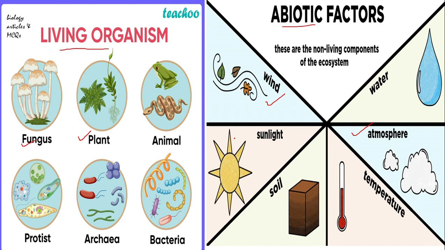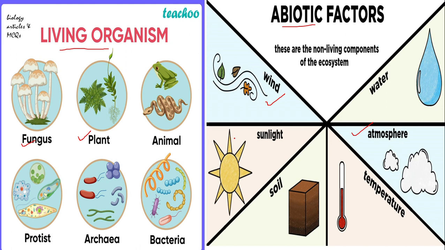In the carbon cycle, we will mainly discuss how the carbon is transferred from plants to animals and how it is transferred to the atmosphere again in the form of carbon dioxide, or how the transfer of the carbon takes place between the living and non-living components or vice versa.